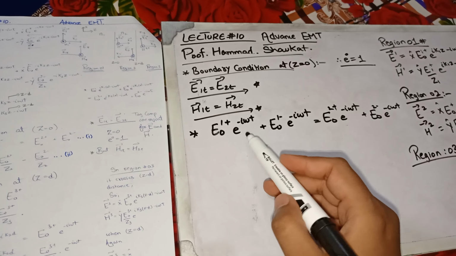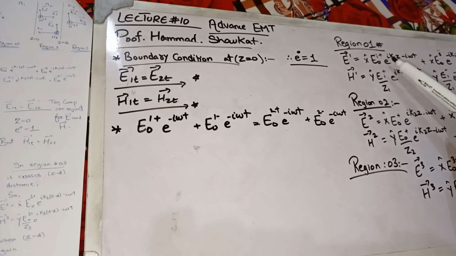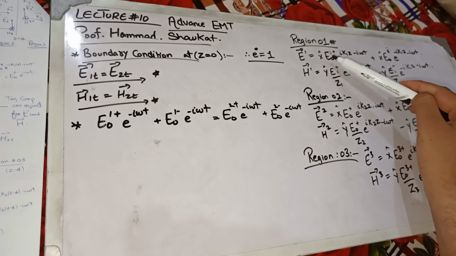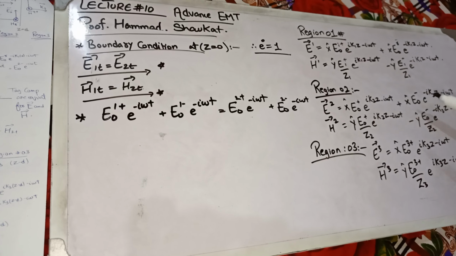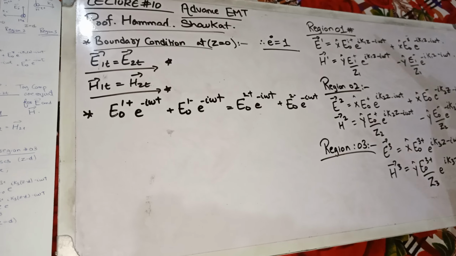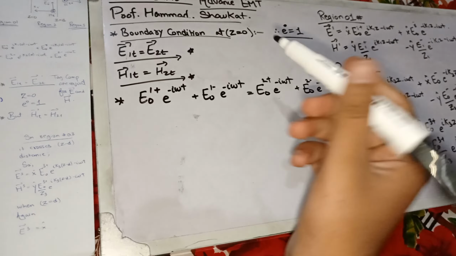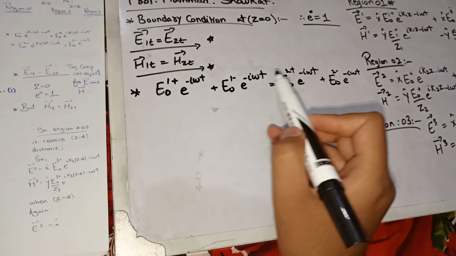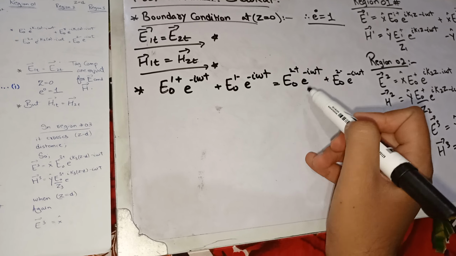Because you know that here e power 0 becomes 1, you will only be left with e power minus iota omega t. Taking x common from region 1 and taking x common from region 2, they will cancel out. You can also take e power minus iota omega t common from this and from this, and they cancel each other.